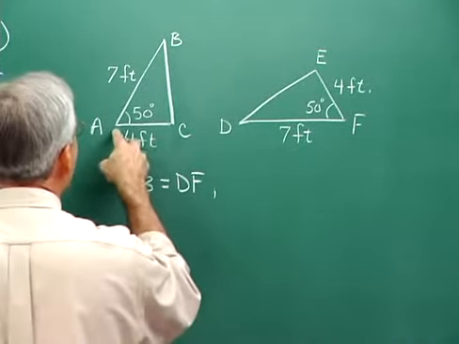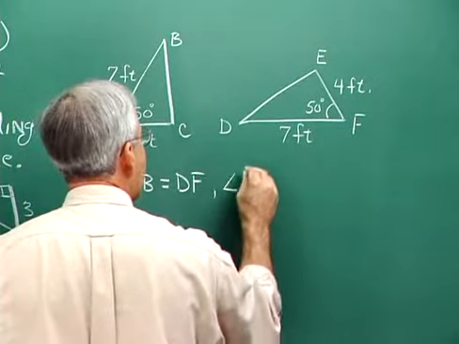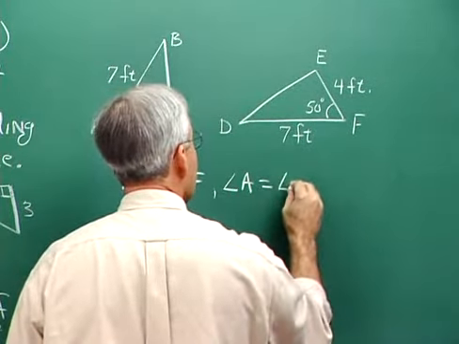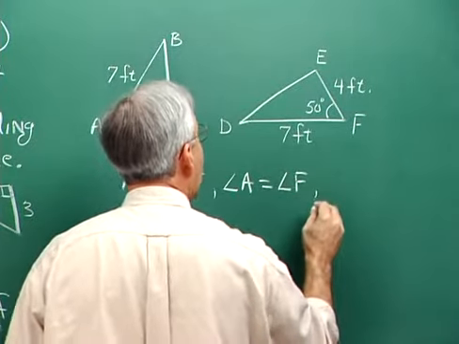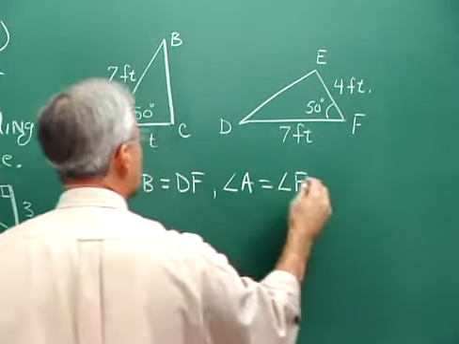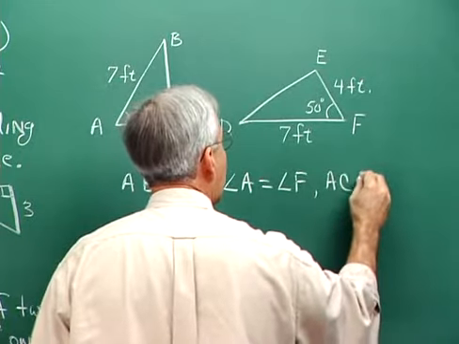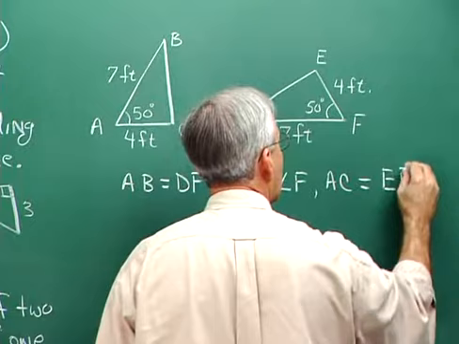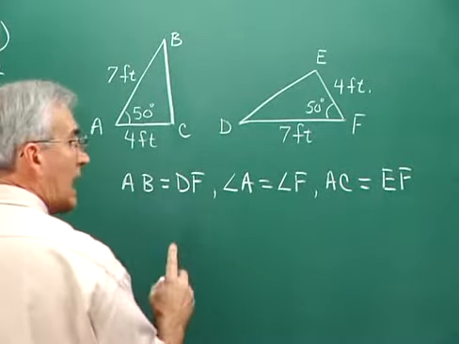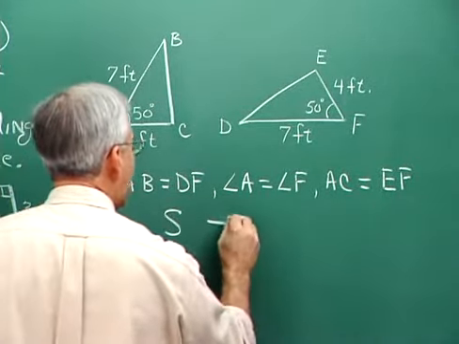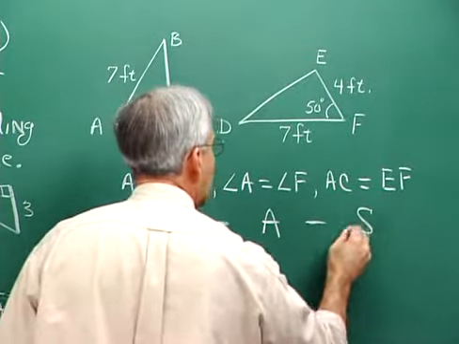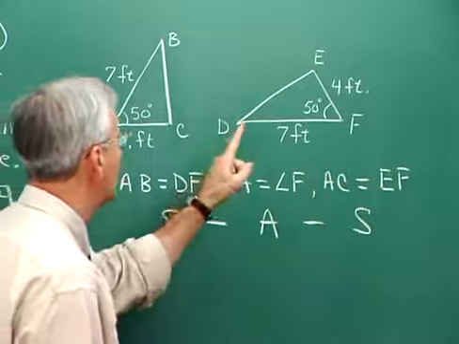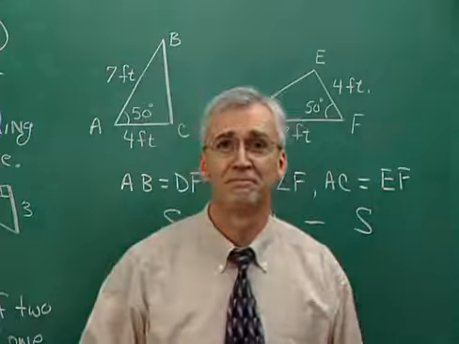We have the angle here at A equal to the angle here at F. And we have the 4-foot side here, which is AC, and it's equal to the 4-foot side here of EF. Now, notice that we have the idea of a side, angle, side. So by the SAS rule, these two triangles are indeed congruent.